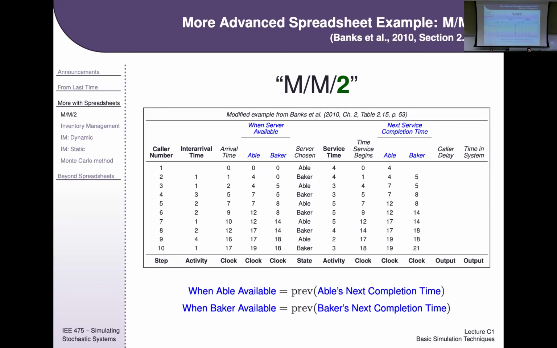So then the next caller, we're looking at that information to figure out when the next server will be available. And so again, we're just setting up relationships between the previous row and the next row. There's no look ahead, there's no look behind, there's no long memory. Any memory is stored within the previous row, and that's it.